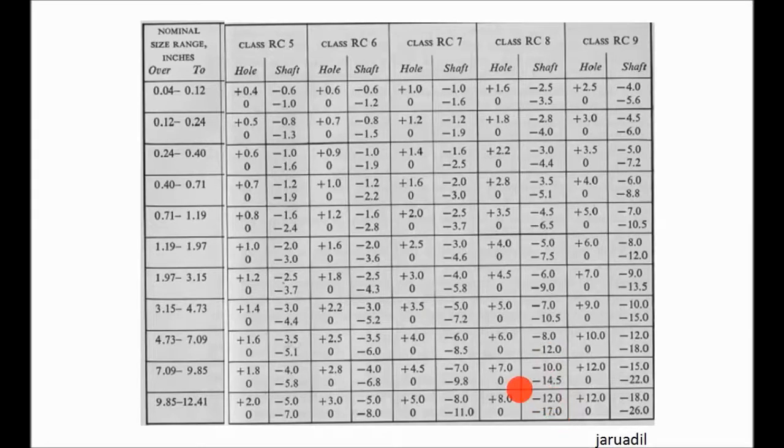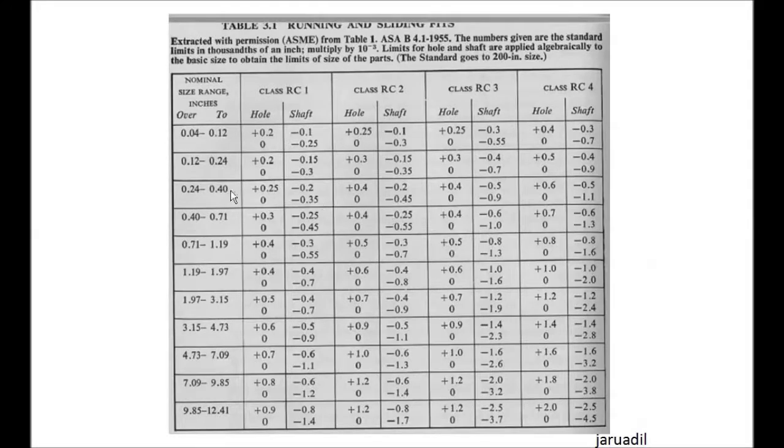So, this is thousands of an inch. Ang basa dito ay thousands of an inch. Pag binasa mo siya ng 12, ibig sabihin niya is 0.012. Okay? Pag binasa mo siya ng 5, ibig sabihin niya ay 0.005. Kung babalikan natin dito, nandito yan sa heading niya. Nakikita niyo dito, multiply by 10 raised to negative 3.